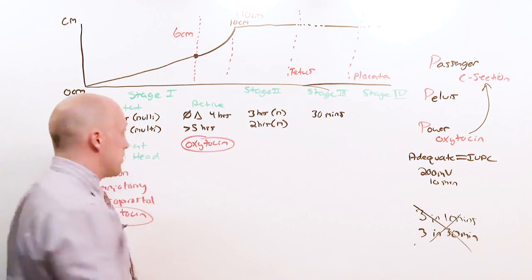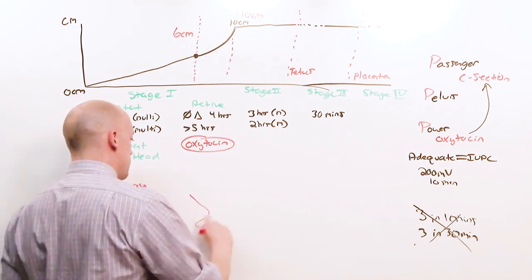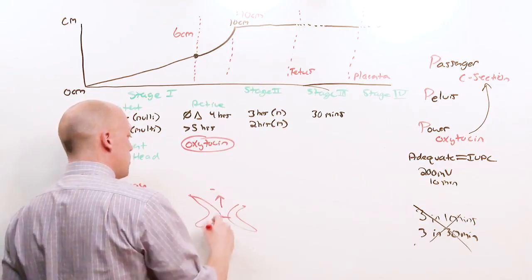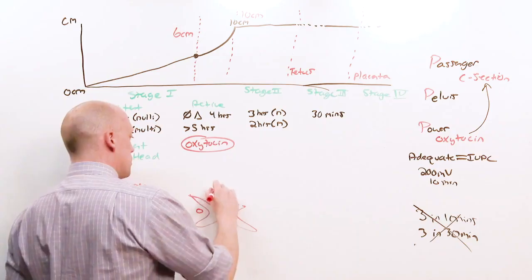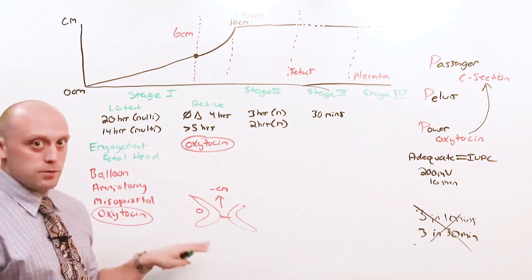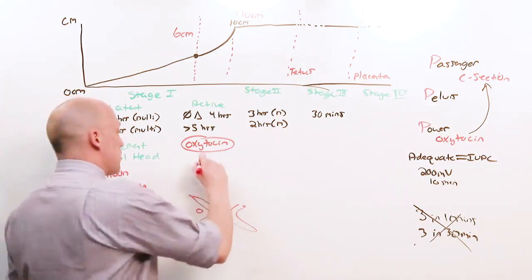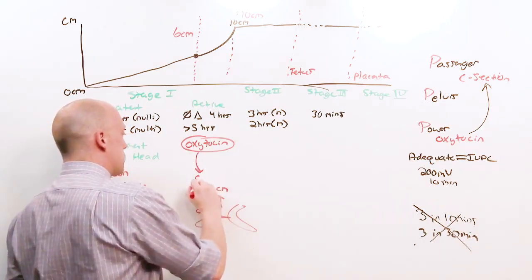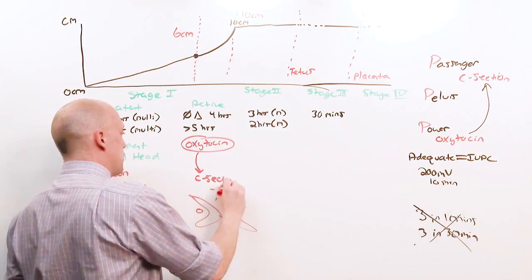Because baby in the active phase is going to be above landmark 0, you're going to be negative in centimeters. If there's a problem with the active phase, then you're going to end up needing to operate from within. That is, if oxytocin fails, the answer is C-section.